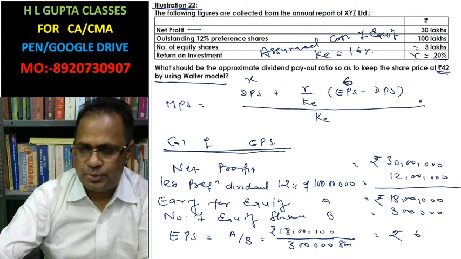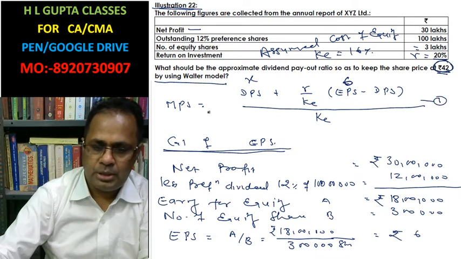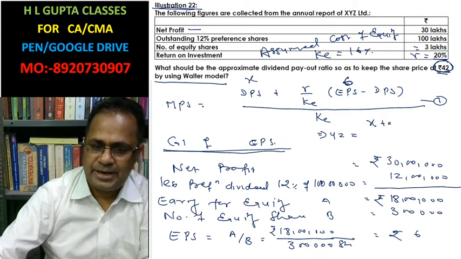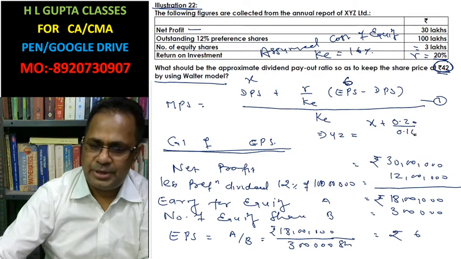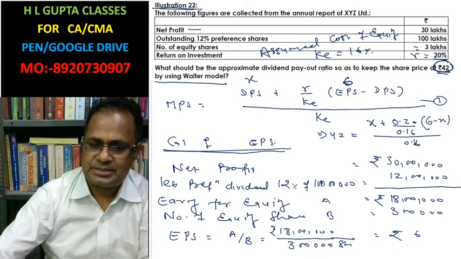Now from this equation, market price per share is already given, which can be written as 42. Dividend is assumed as X. R is 0.20, KE is 0.16, and EPS is 6 minus X, whole divided by 0.16.